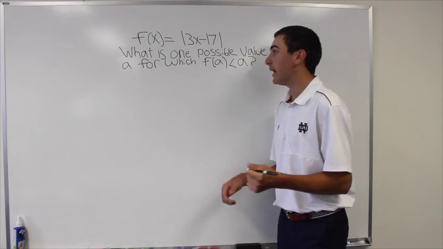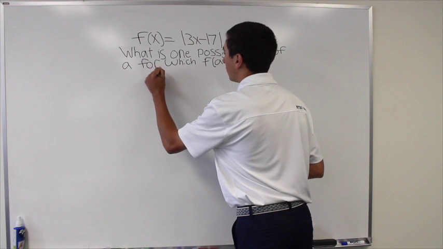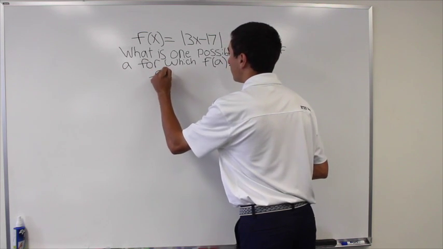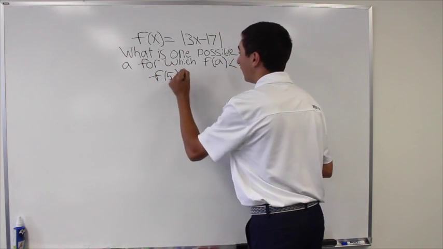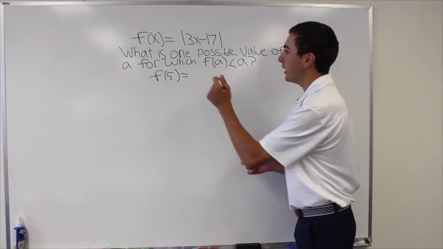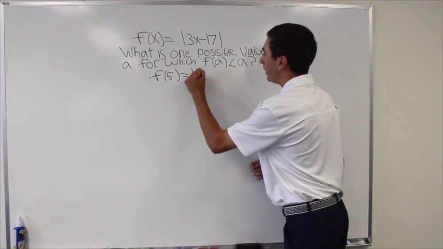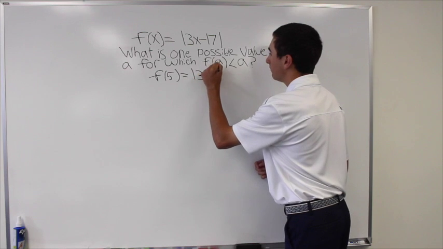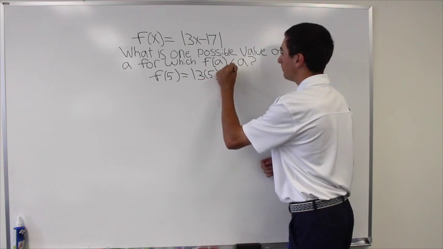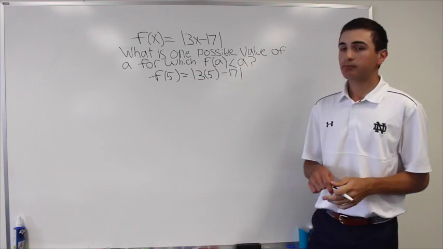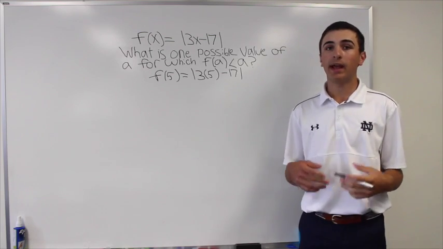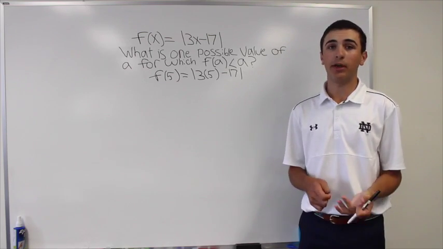So f of 5 is going to equal the absolute value of 3 times 5 minus 17. When we evaluate that, we get f of 5 equals the absolute value of negative 2.